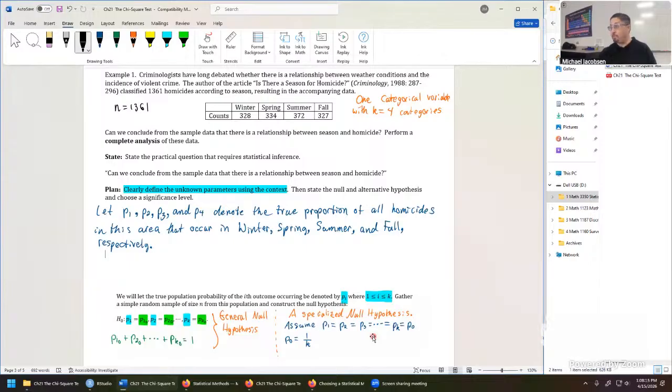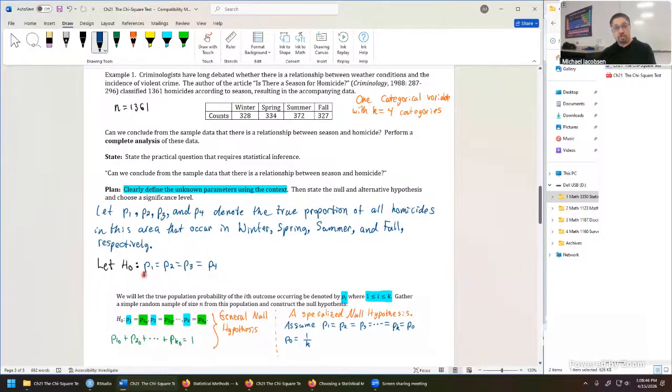So let's write it out in this format. We can say let H naught be the statement that nothing particularly interesting is happening with the relationship between homicide and the seasons they occur in, which means the proportion of homicides, P1, will be equal to P2, which will be equal to P3, which will be equal to P4. Since these are equal lengths of time dividing up the year, that's a natural way to break up the proportions.